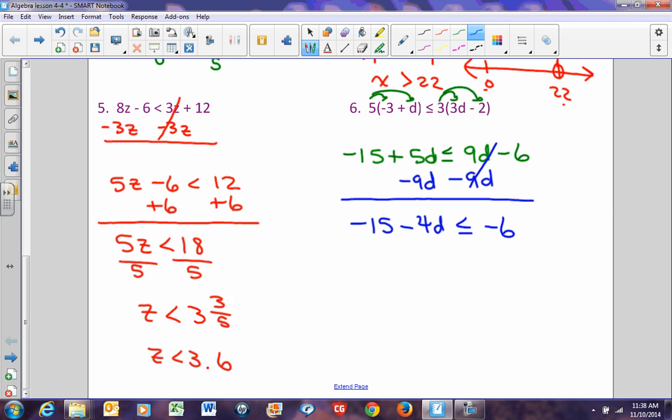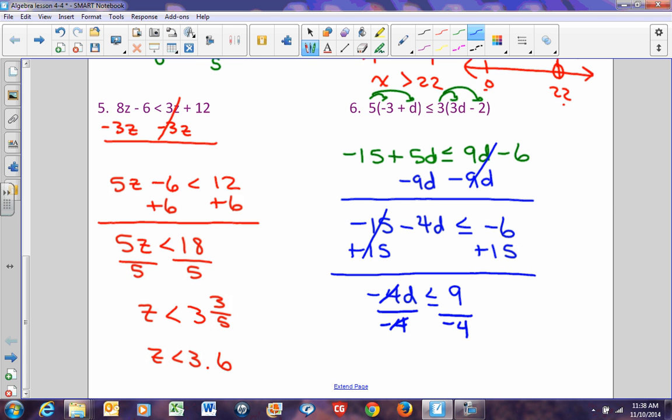To get d by itself, I first have to add 15. -15, positive 15 cancels out. I get -4d is less than or equal to -6 plus 15, which is +9. Now all I need to do is divide by -4 to get d by itself.